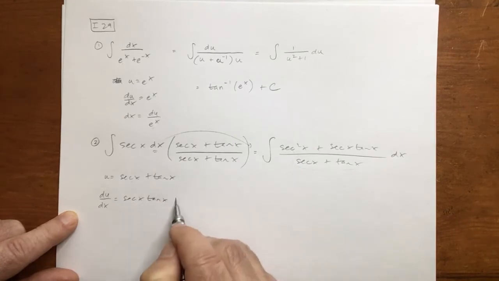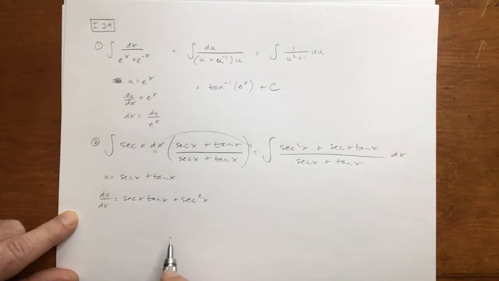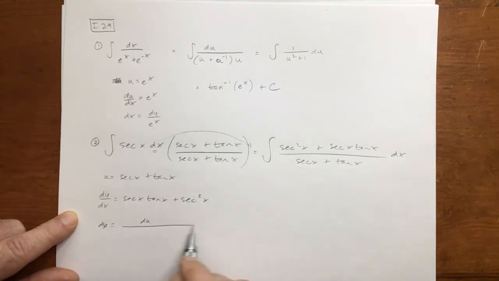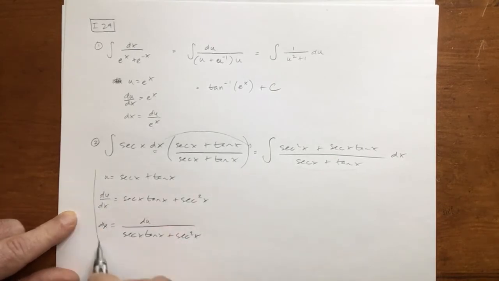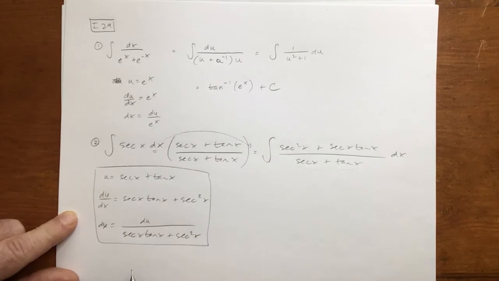The derivative of tangent is secant squared. And then I guess I should write this. I'm going to solve for dx so I can replace this. And box this up. Here's our substitution box.